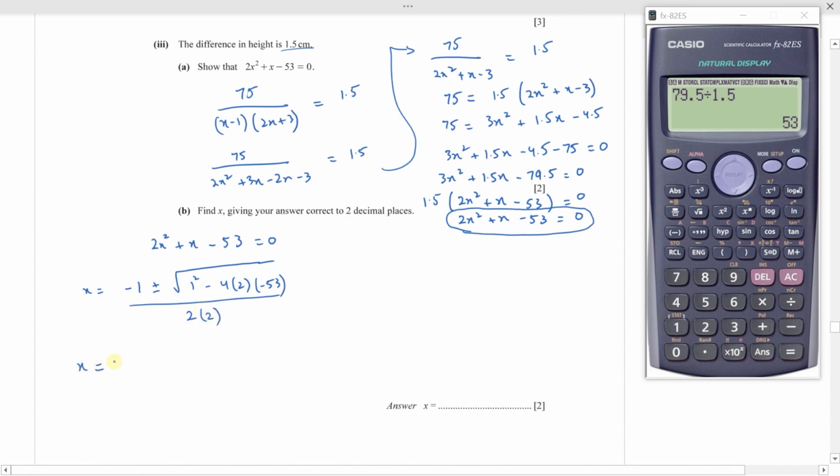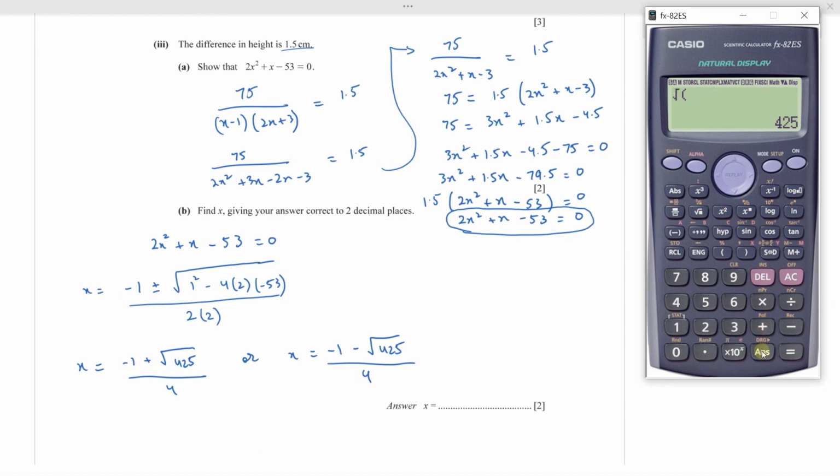So let's calculate this: 1 minus 4 into 2 into minus 53. So this is square root of 425. So x equals minus 1 plus square root of 425 divided by 4, or x equals minus 1 minus square root of 425 divided by 4.